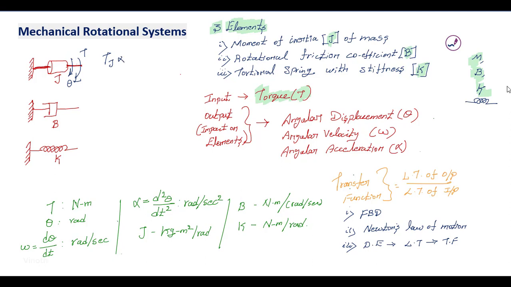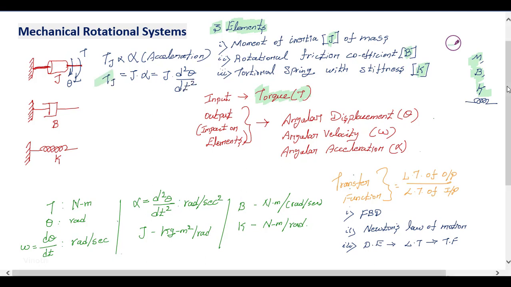This is directly proportional to alpha, the acceleration, and taking the proportionality constant it can be represented as the product J into alpha. Alpha is nothing but the second derivative of the angular displacement, d squared theta divided by dt squared, and this equation is governed by Newton's law of motion. So by Newton's second law, the reaction torque is equivalent to J into d squared theta divided by dt squared.